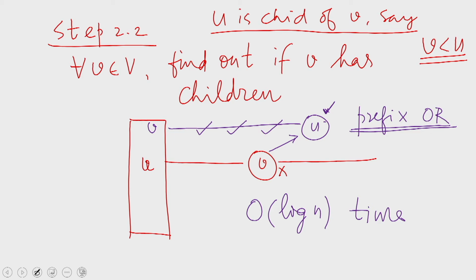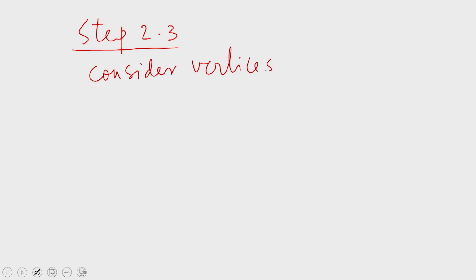Now in step 2 3, consider vertices without a parent and children.